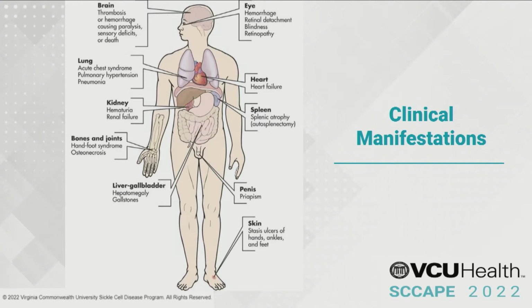And it affects, as you can see, the brain, the eyes, heart, lungs, kidneys, the bones. It is really a medical condition that unfortunately is all-encompassing when it comes to the clinical manifestations.